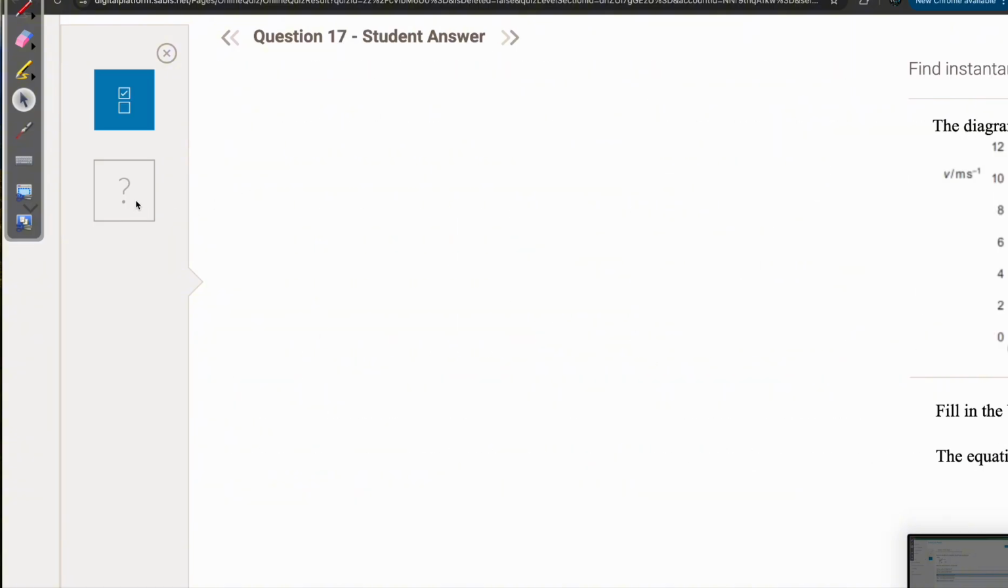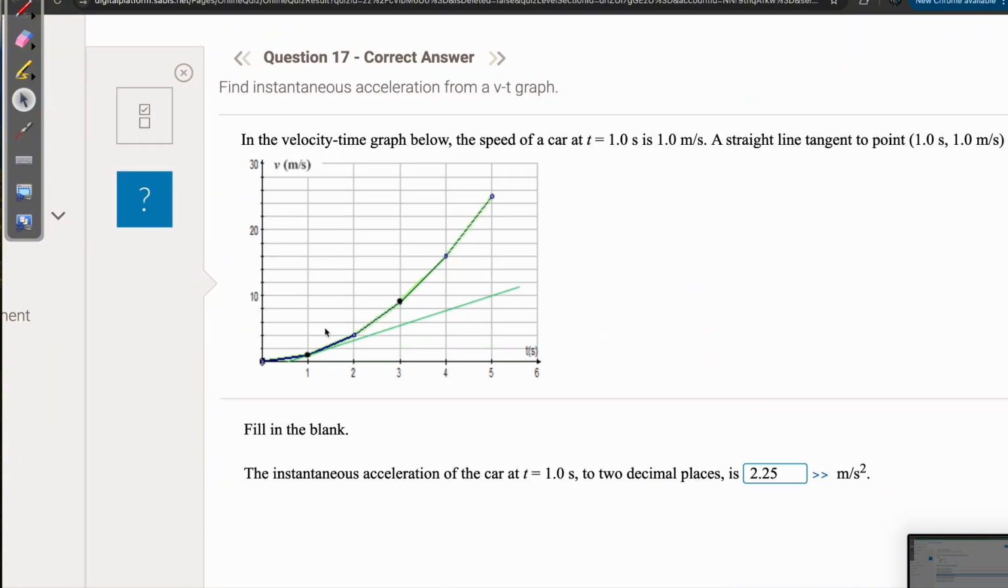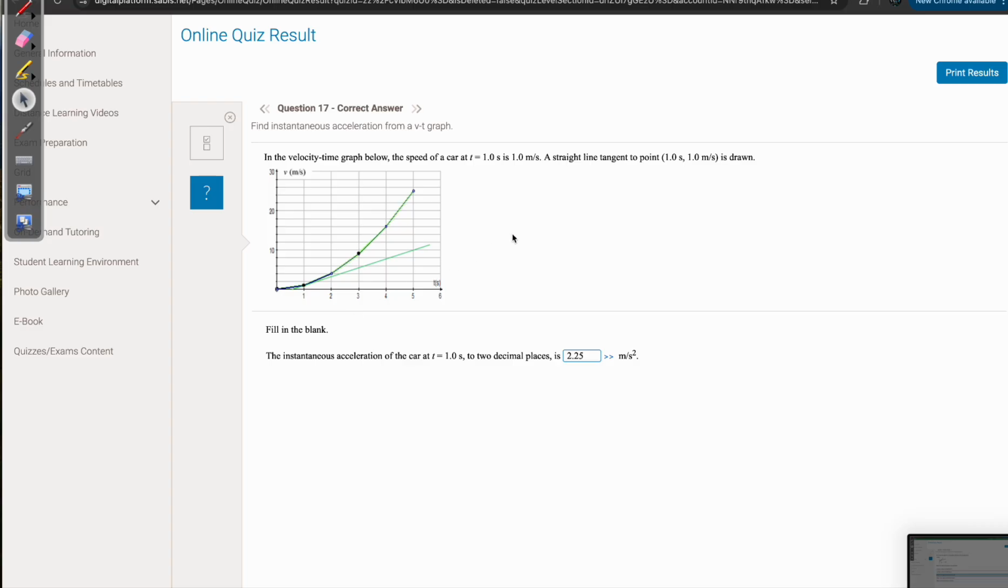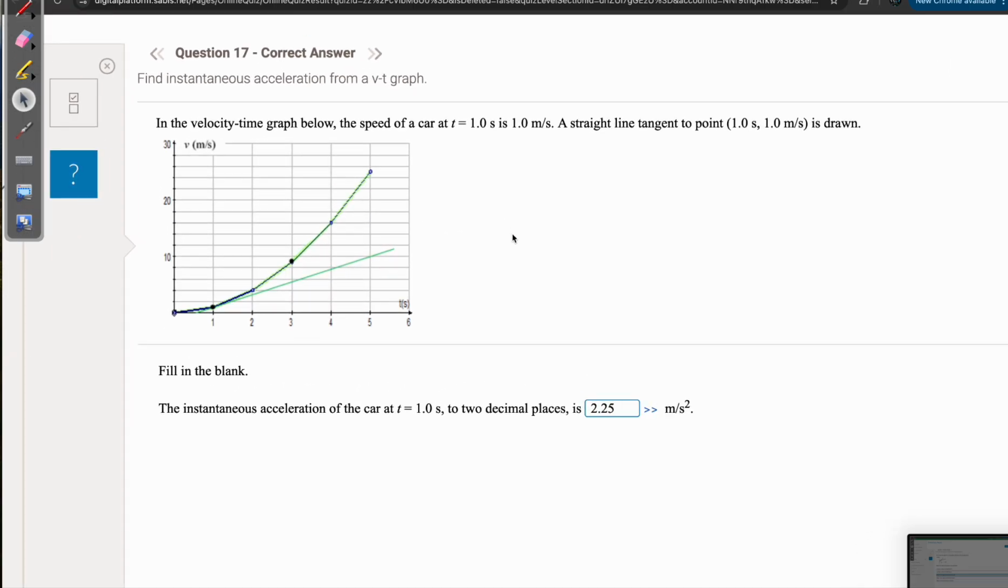Number 17. In the velocity time graph below, the speed of a car at t equals 1 is 1 meter per second. A straight line tangent to the point 1 second, 1 meter per second is drawn. The instantaneous acceleration of the car at t equals 1 second to 2 decimal places is. So to find instantaneous acceleration, instantaneous velocity, whatever it may be, as long as it's instantaneous, we just need to find the slope of the tangent.